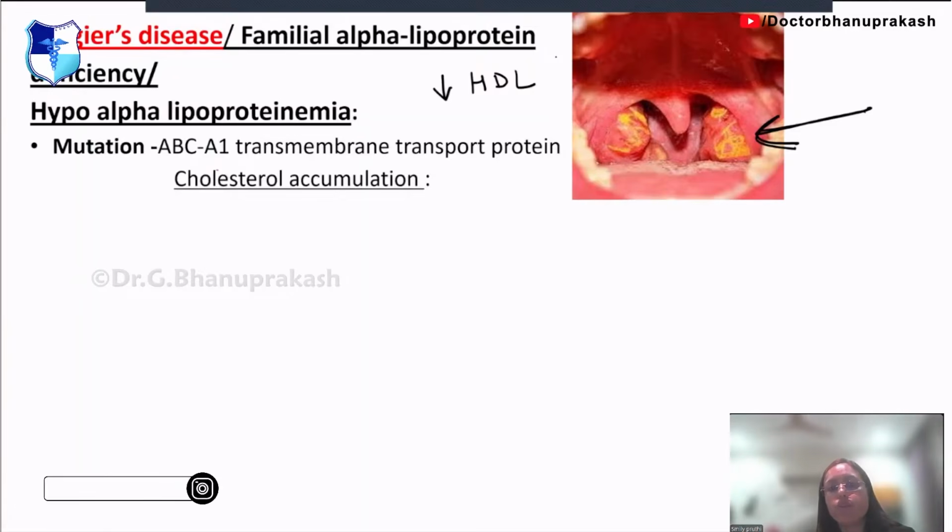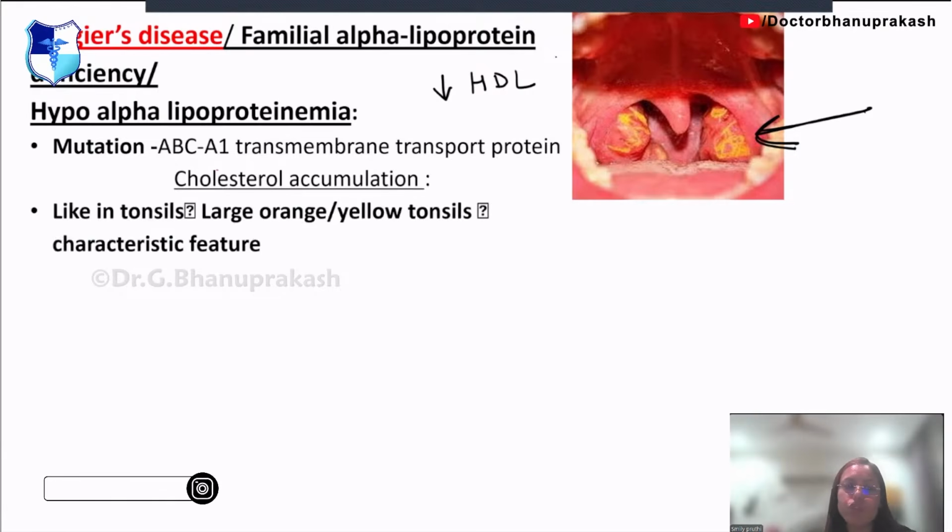There is cholesterol accumulation because HDL is not formed, so it will not take cholesterol from the peripheral tissues. So cholesterol will accumulate in many tissues, like in tonsils, that's why enlarged orange tonsils. And oranges are tangy. So orange tonsils in Tangier's disease are a characteristic feature.